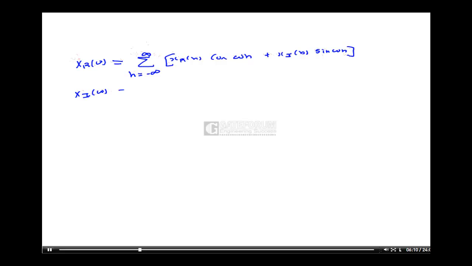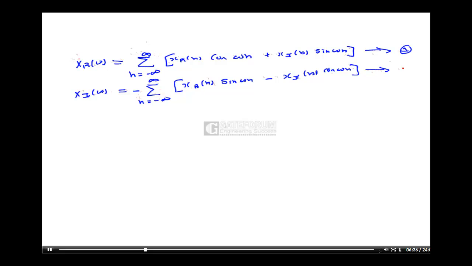I'll write those equations for the real part of the Fourier transform and the imaginary part once again. Let this be equation number 1.